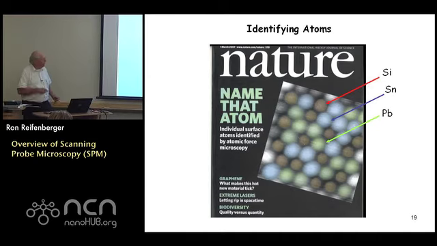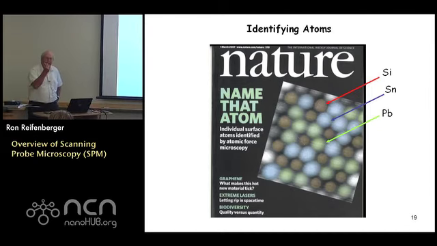This, in my opinion, is one of the best studies that have ever been done. This was done by another friend of mine, Oscar Custance. He was working in Japan, and the group that he worked with over there was actually able to image atoms on a surface.